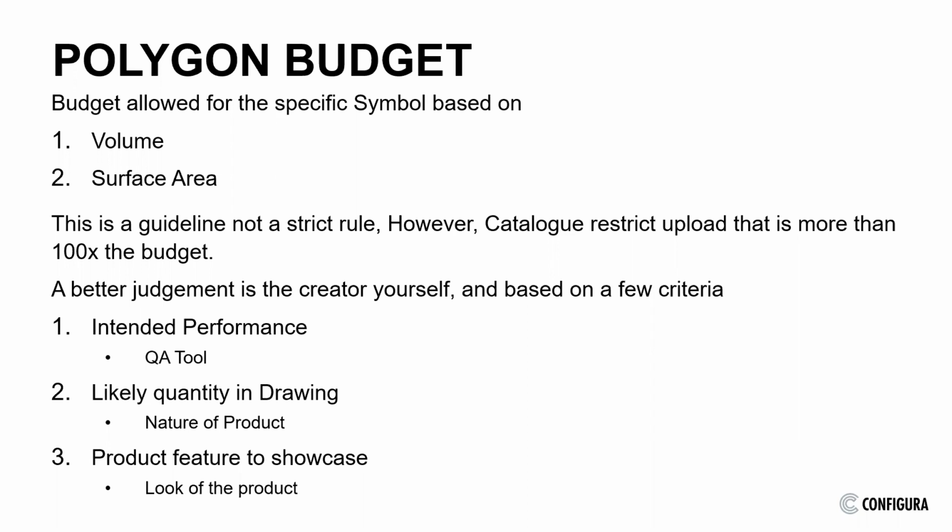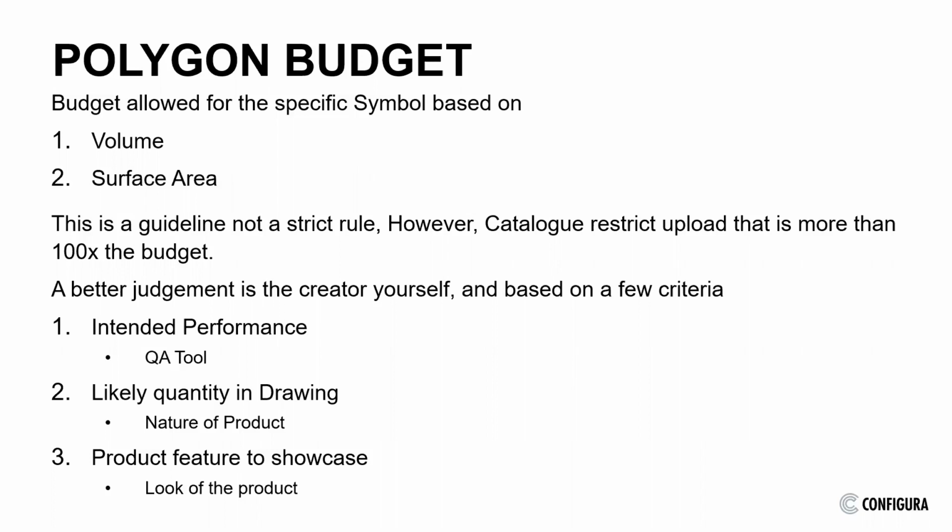We want things to be responsive. So that would be the main criteria. We do have the QA tools to detect this. The performance tracker and the response monitor are a few tools that you can use to quickly check if that's a good response time when you pull out the snapper from catalogs, for example.